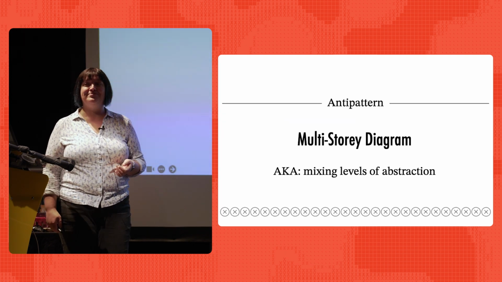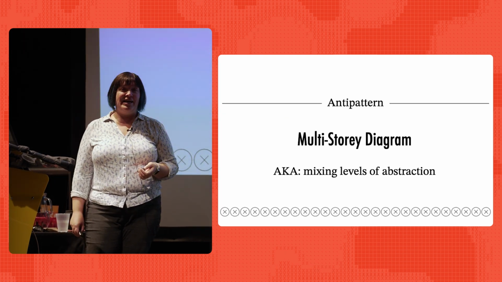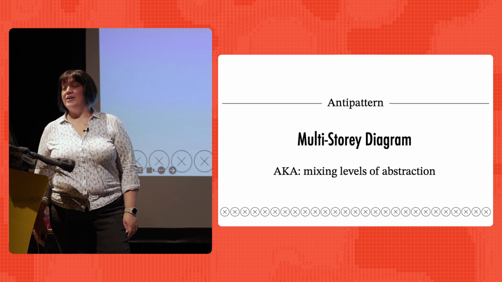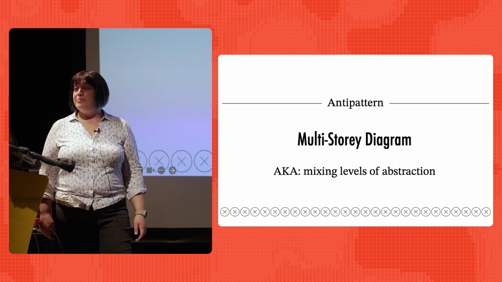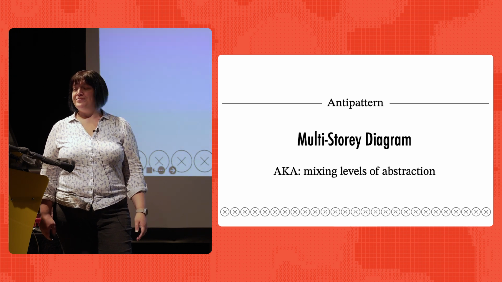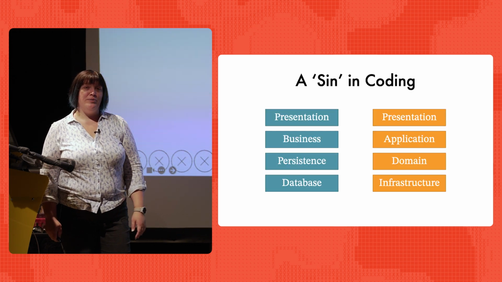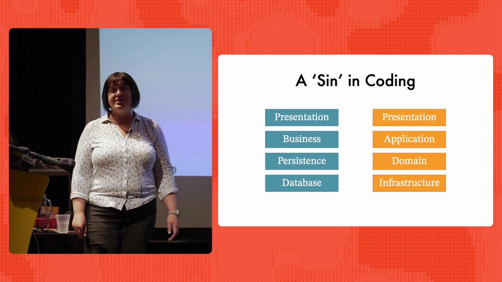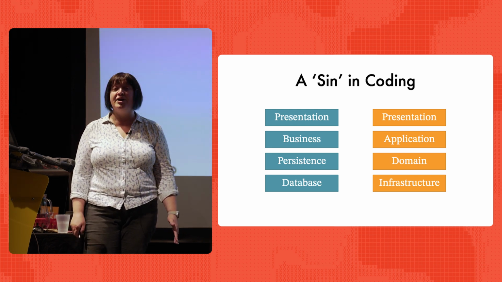So that's for everybody. Now, my first anti-pattern here, this one I call a multi-story diagram, also known as mixing levels of abstraction. Now, this is an interesting one because for anyone here who's ever coded, you probably recognize this as a bit of a sin in coding.